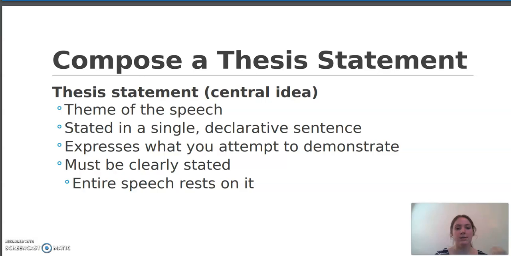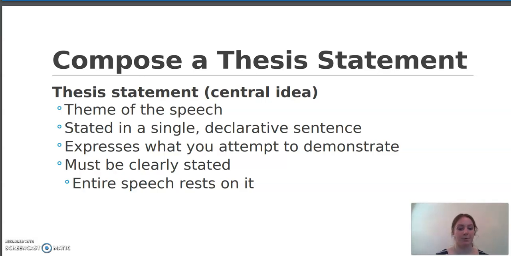So my single declarative sentence would be gravity is an important way of life, created or found by blah, blah, blah. So your single declarative sentence is your umbrella. Think of it as an umbrella. You have one overarching sentence that includes everything that falls underneath. So it needs to be clearly stated, and the entirety of the speech needs to rest on it.